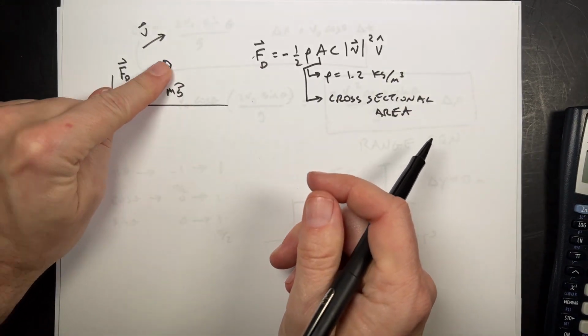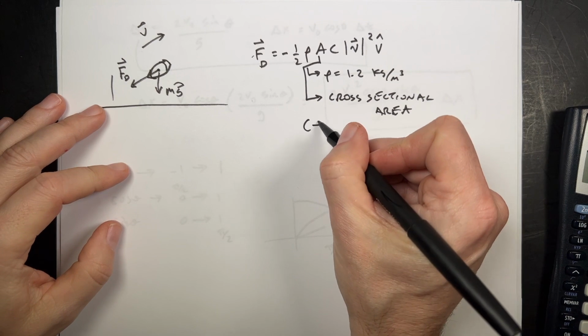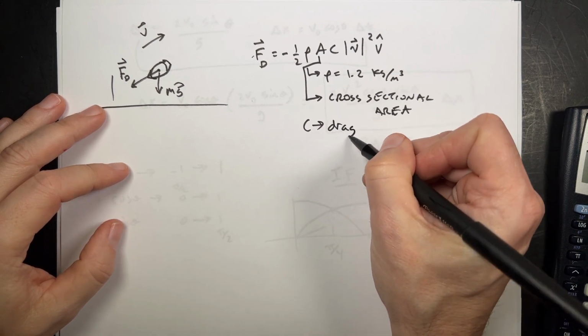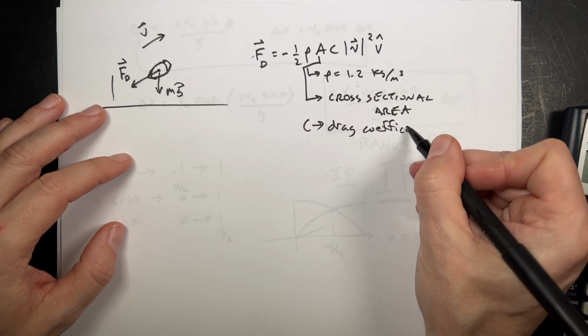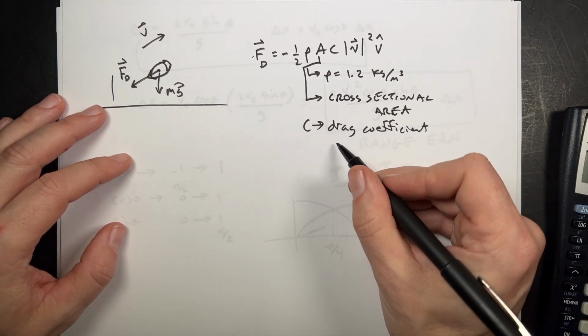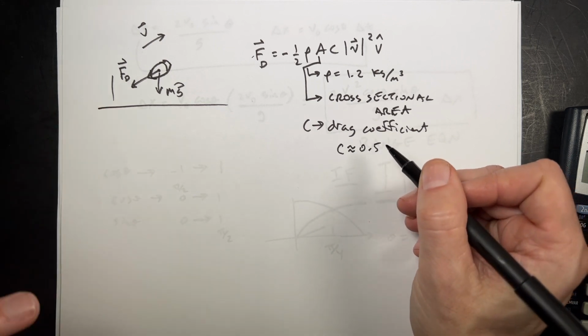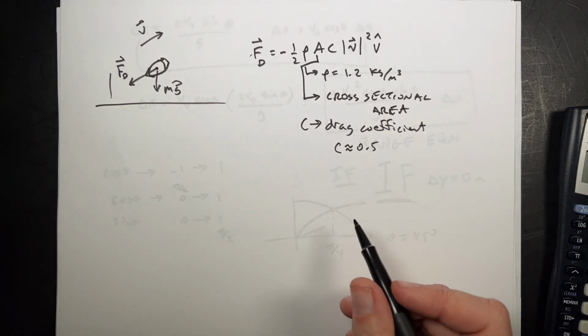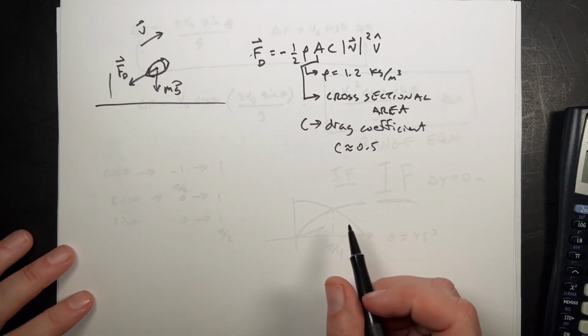And this assumes that you throw it the way you would best throw it. C is a drag coefficient. It's a property that tells you how essentially aerodynamic it is. For a football, C is approximately equal to 0.5, although it depends on the spin, it depends on how fast you're going. That's just an approximation. We're going to use that anyway.